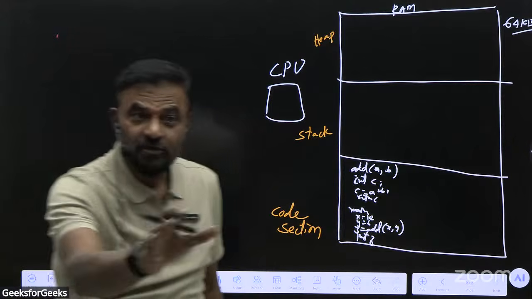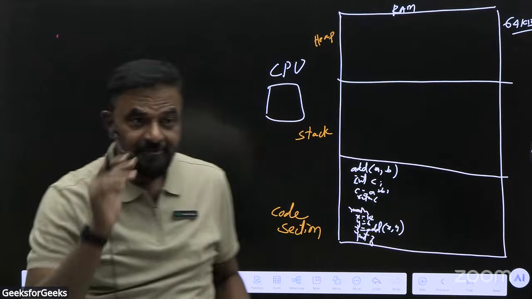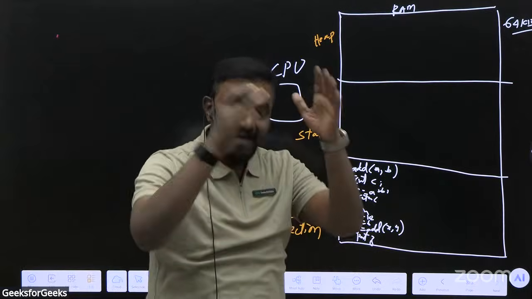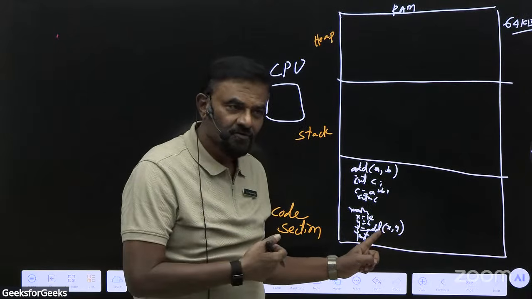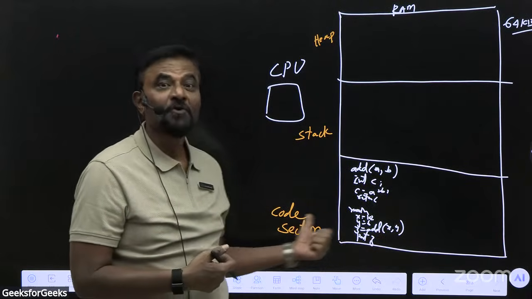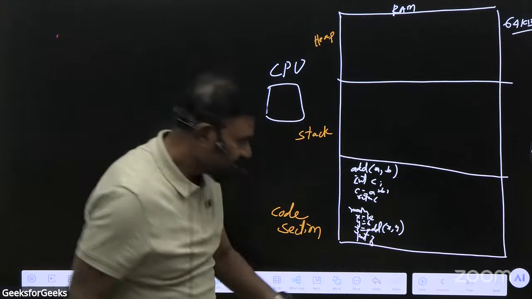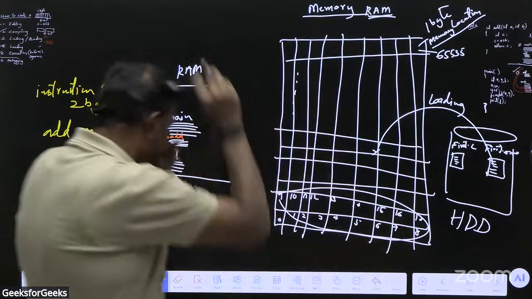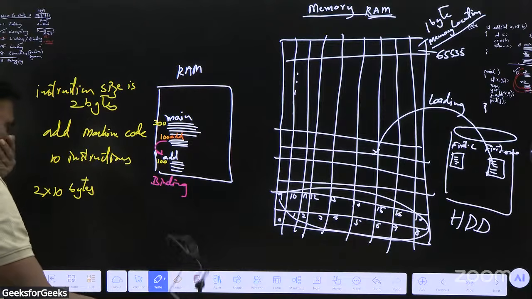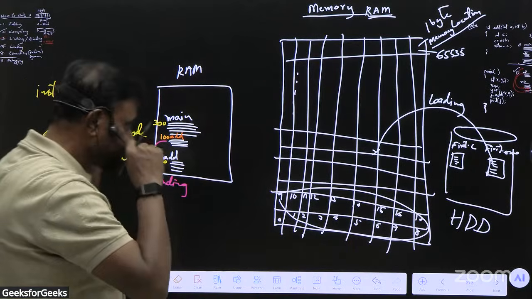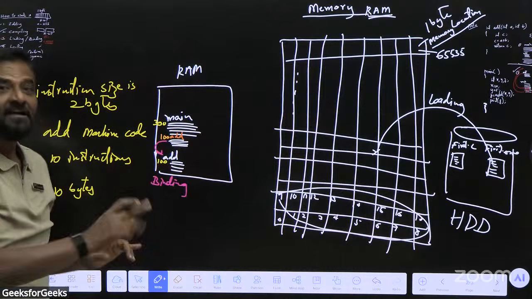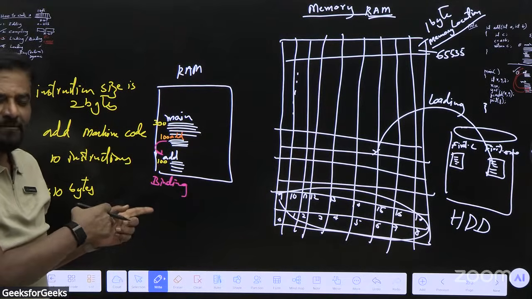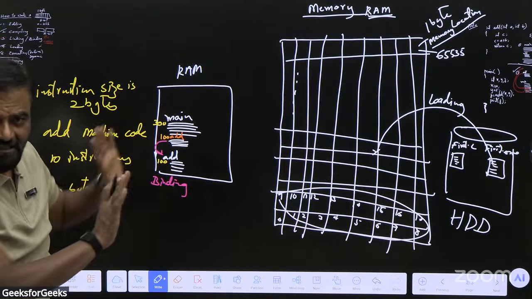The machine code of the program is kept in a part of memory. That section is called the code section. Already you have seen it here. I said that it will be loaded like this, so I have shown you the picture. I was explaining about binding, so I kept a small picture and showed you.